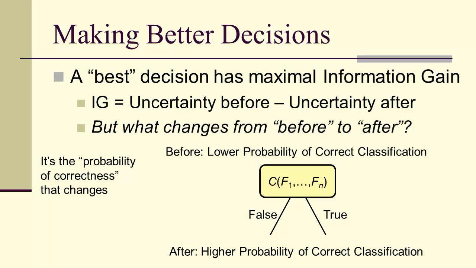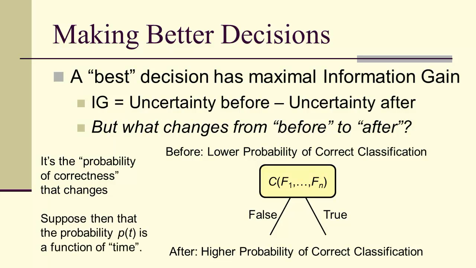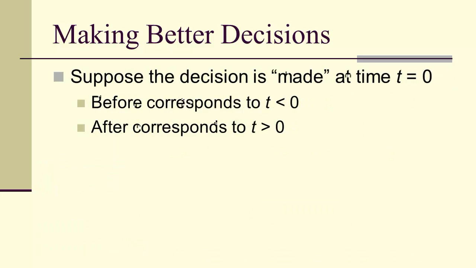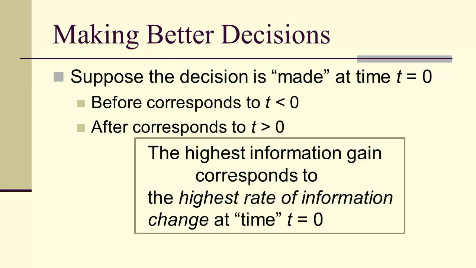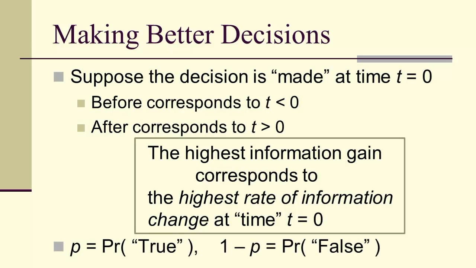It's the probability of correctness that changes. And so we're going to suppose that in some abstract sense, the probability p of t is a function of time. And we're going to suppose that we make a decision at time t equals 0. The highest information gain is going to correspond to the highest rate of information change at time t equals 0.